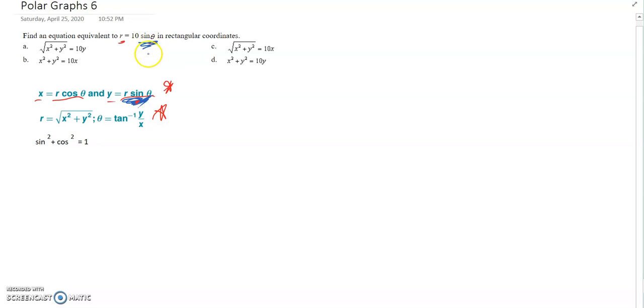If I multiply both sides by r, then r times r gives me r squared over here, and I multiply an r. You can put it in front or behind the 10, doesn't really matter. You get 10 times r times sine theta. We now have an r squared, and we also have an r sine theta.